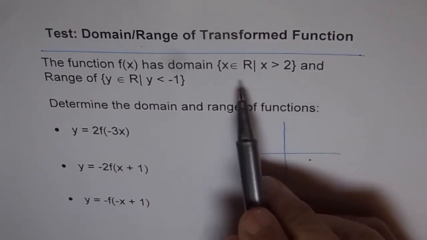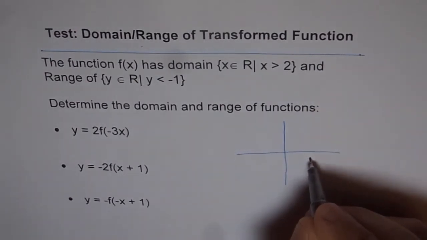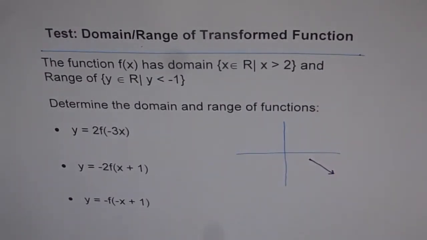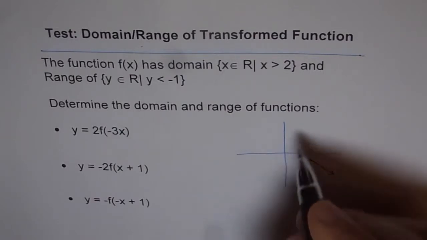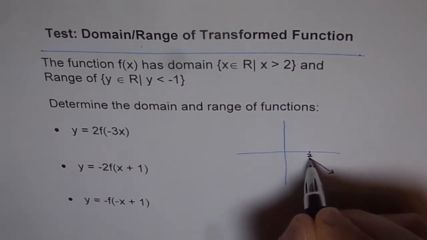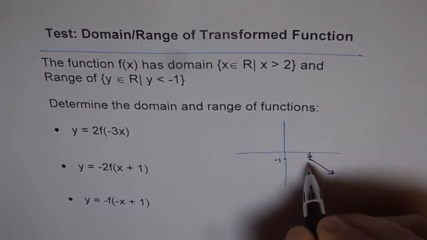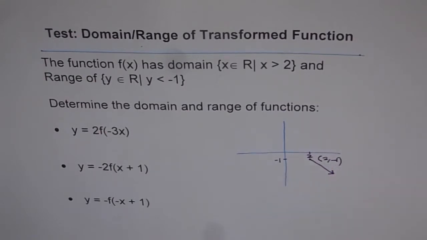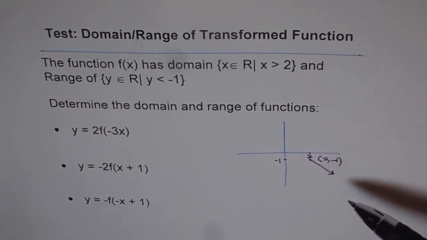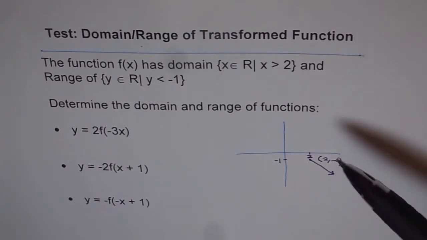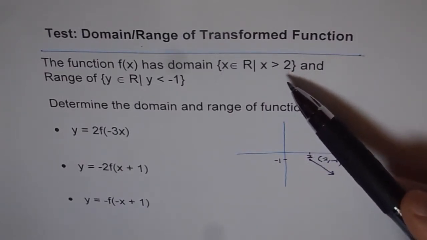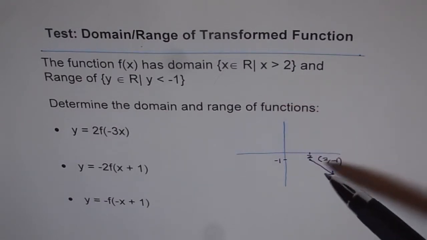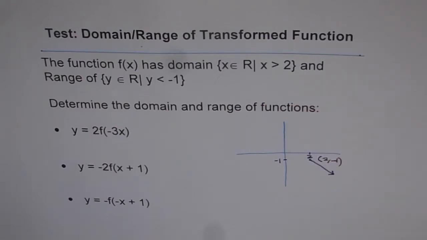And since x is greater than 2, my simple function could look kind of like this, where this point is 2 and this point is -1, or you can write the coordinate here as (2, -1). And that is the function. So the domain and range of this function is x greater than 2 and y less than -1. Now it becomes much simpler. Keeping these things in your head and then solving is extremely difficult, right?